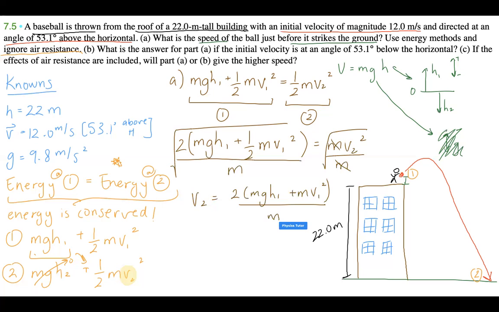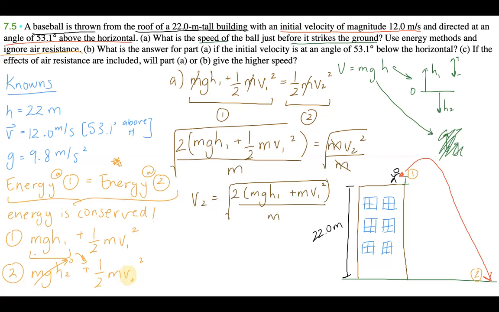Now, I did something really stupid, but I'm just going to bring it up now. The first thing I should have noticed is that these m's actually all cancel each other out. And that's actually sort of a trick. When you have an energy problem and you don't get the mass, then it's probably just going to cancel out.